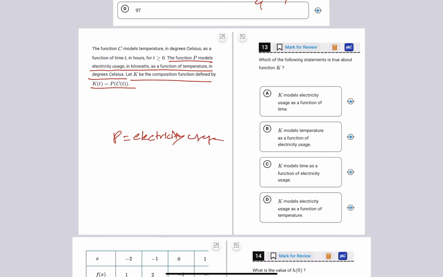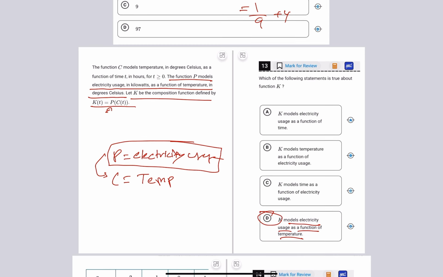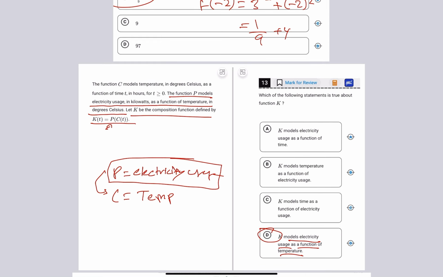And we have c, which models temperature. So in this case, what does k represent? It represents electricity usage, right? p, as a function of temperature. So it models electricity usage as a function of temperature, which is just option D. It wouldn't be A because it's not a function of time, it's a function of temperature.